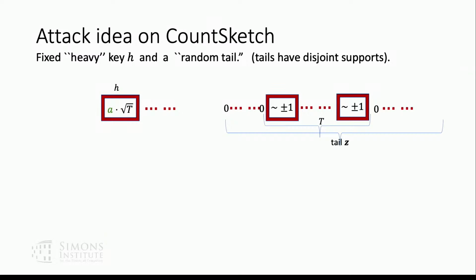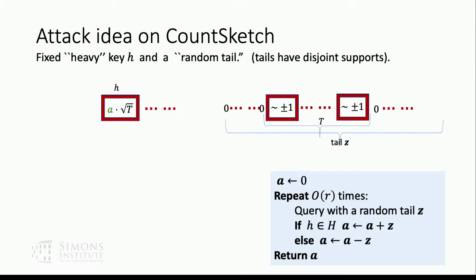The attack vectors have a very simple form. They all have the same heavy hitter key, and then disjoint subsets that are just random tails, as we call them.